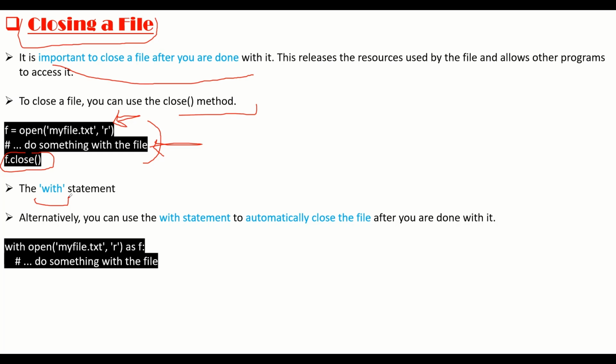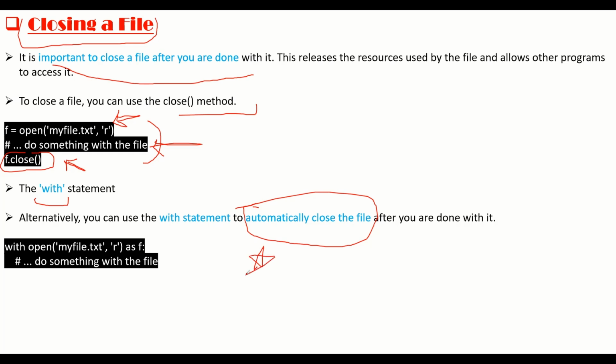And what is this with statement? Alternatively, you can use the with statement to automatically close the file after you are done with it. So no need to write this code again and again. You can use the with statement to automatically close the file, and this is a very good option.